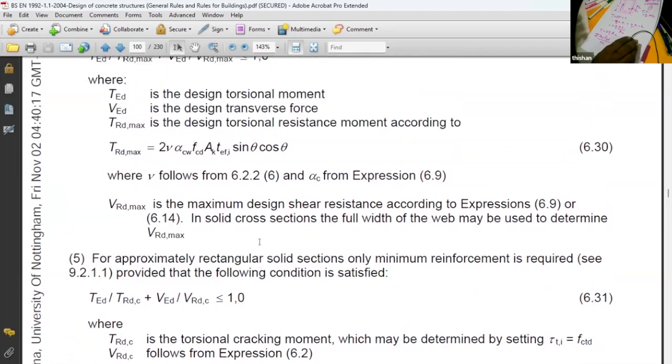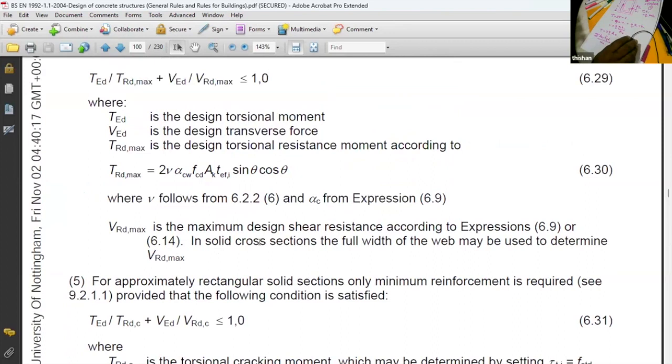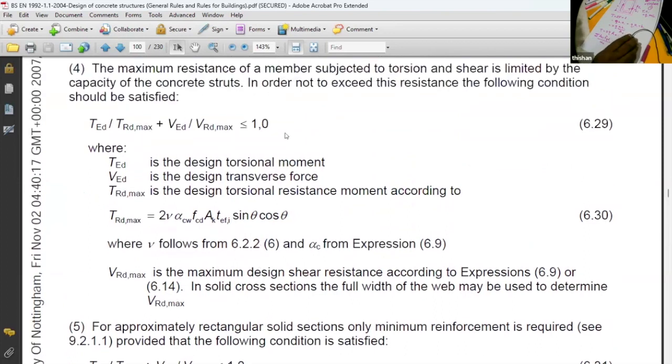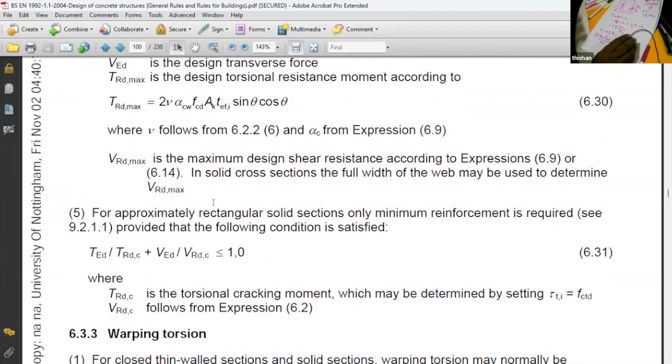But if the torsional moment is there as for the equilibrium torsion, then we have to worry about this equation. So this equation we never use, but we use the fundamental behind this one. Fundamental is, if the torsion is small, don't worry. Because if this value is very small, then you don't have to worry.